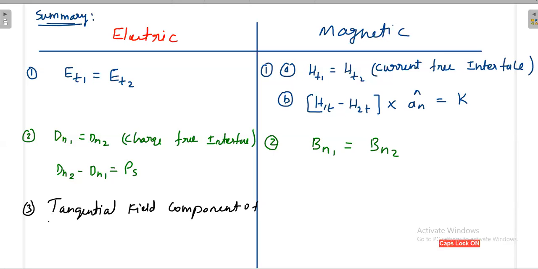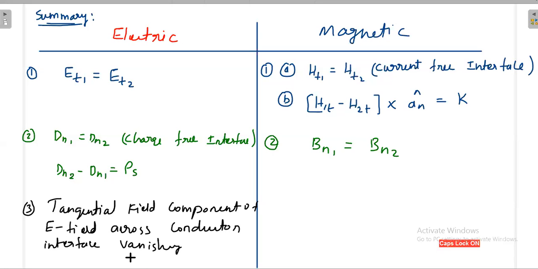The tangential component of E field across the conductor interface is vanishing. The meaning is, once you have a conductor, the tangential electric field there is 0.